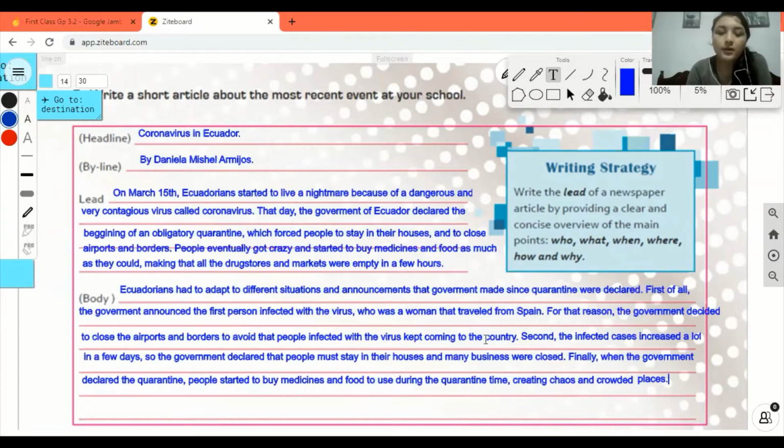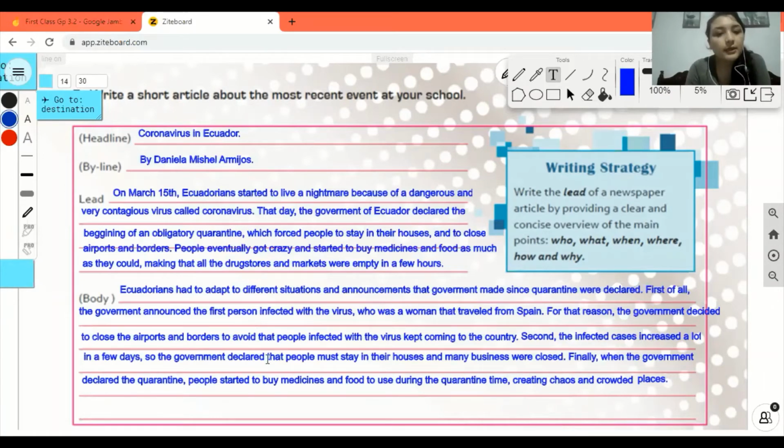You have to remember that when you write a supporting detail, you also have to write a result or something that supports that idea. You can't only write that detail without any extra information. So the second one, we have: the infected cases increased a lot in a few days.